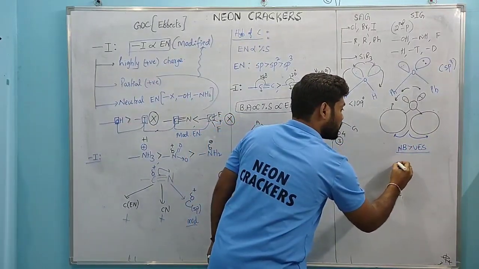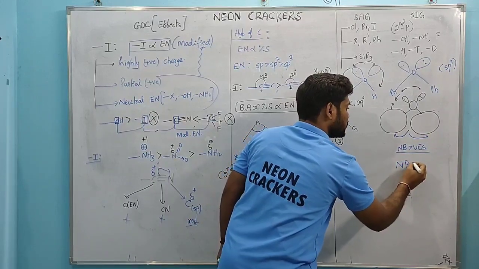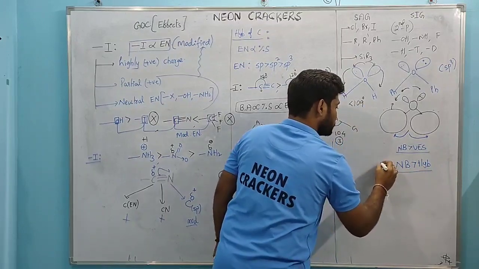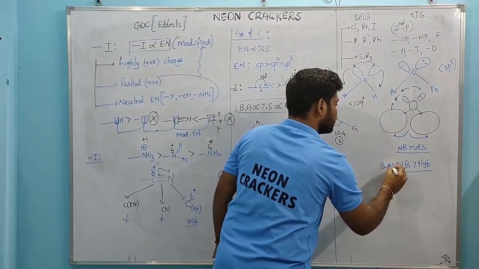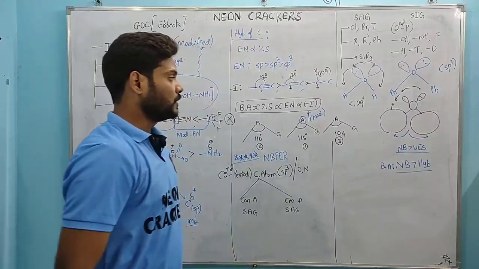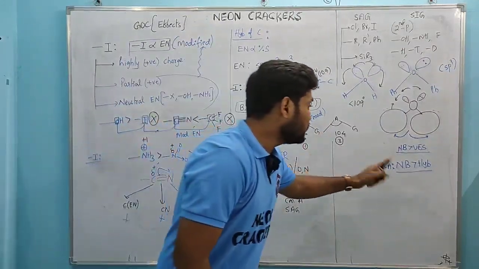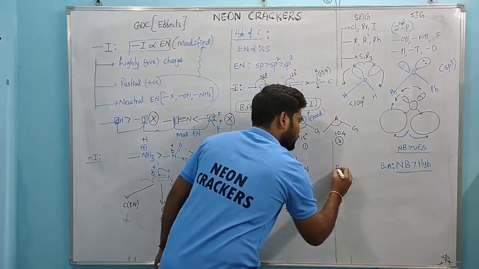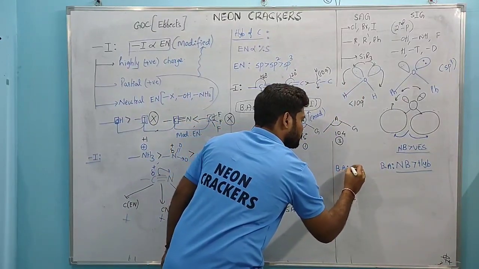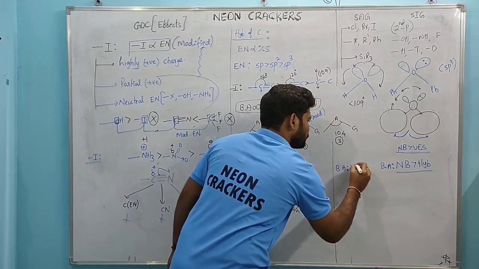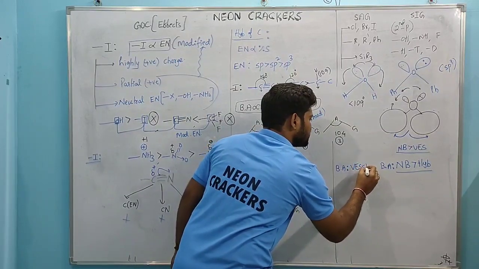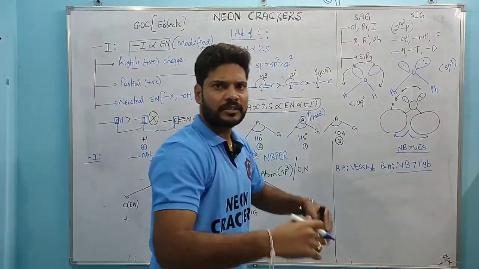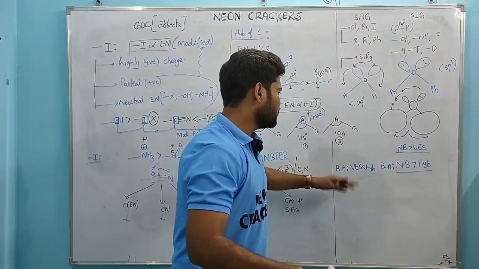So if NBPR is present, what is the comparison? Bond angle is greater than its hybridization. If VSEPR is present, normal VSEPR, then what is the bond angle order, beta? If VSEPR is present, the bond angle is lesser than hybridization. Yes or no? Maybe 1 LP, 2 LP, bond angle is 107, 104, something, because of LP-BP repulsions.